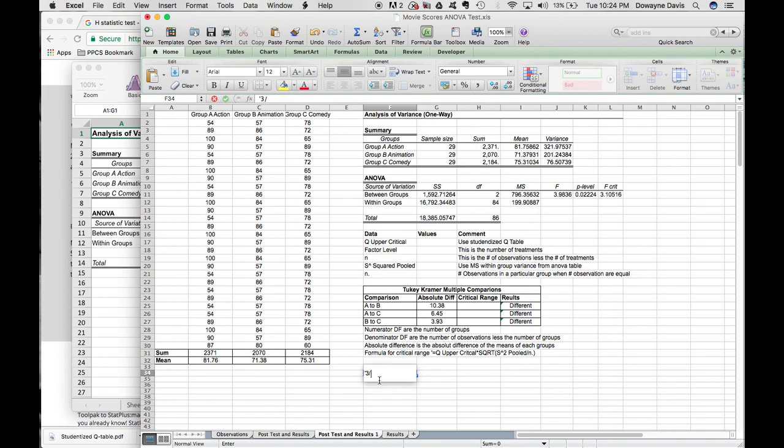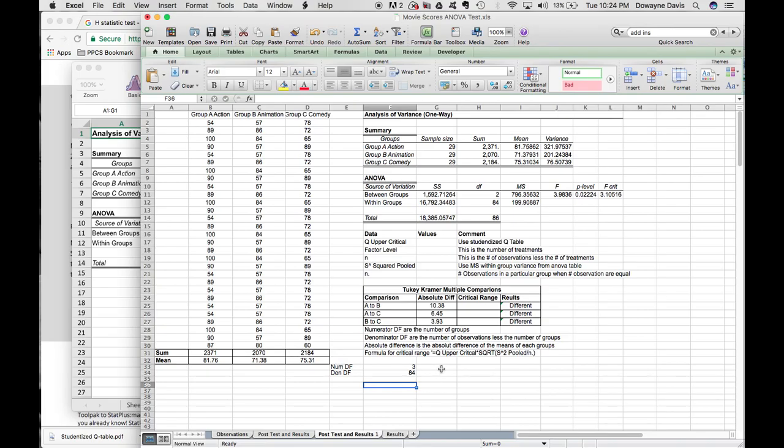My total number of observations is 29 times 3, so that's 87, and if I subtract my number of groups, I get 84. So my denominator df is 84, and my numerator degree of freedom is 3.